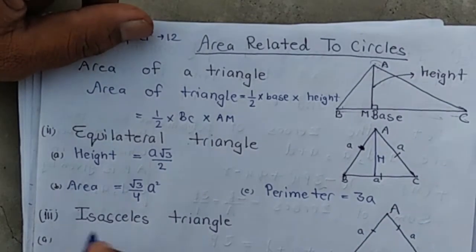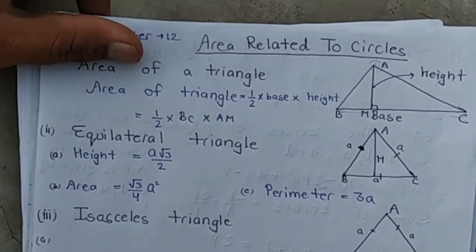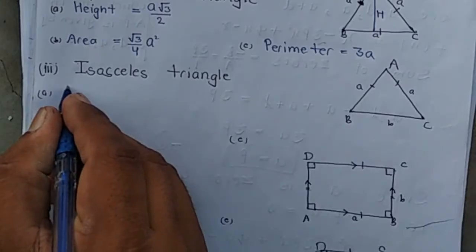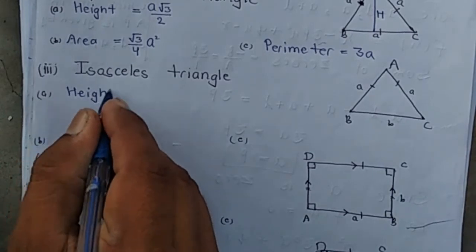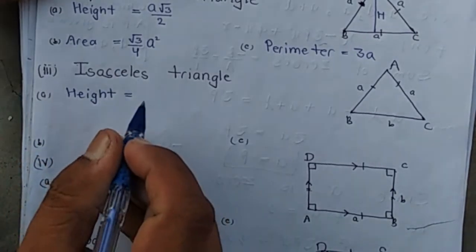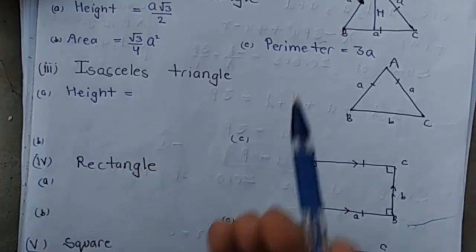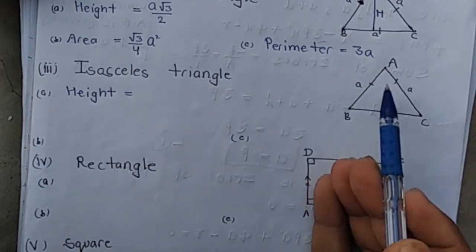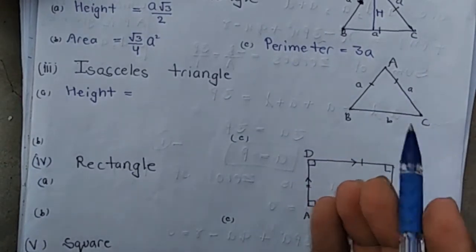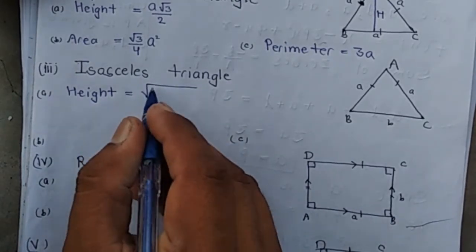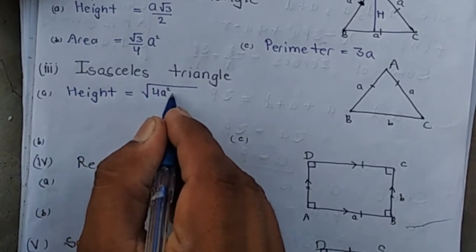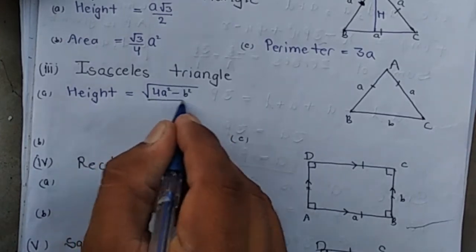Isosceles triangle. The height of an isosceles triangle is given by: if the equal sides of an isosceles triangle are A and the third side is B, then the height is given by square root of 4A square minus B square by 2.